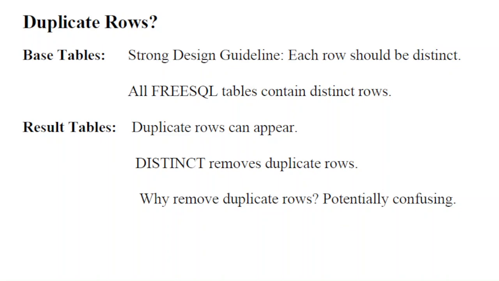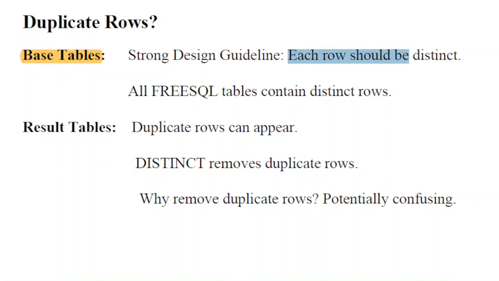Question is, why would we want to avoid duplicate rows? Well, there's a very strong guideline that pertains to base tables. Designers of tables set design specifications before each table is actually created.